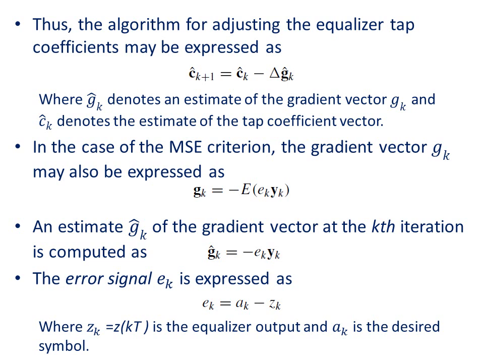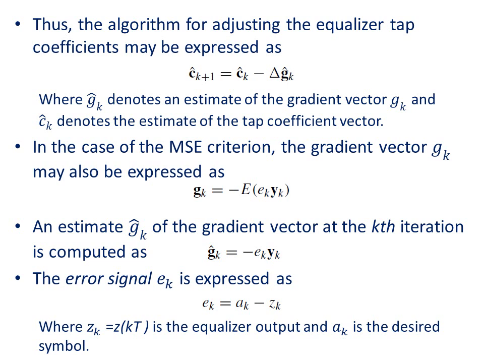An estimate G_k hat of the gradient vector at the kth iteration is computed as G_k hat is equal to minus E_k into Y_k, where E_k denotes the difference between the desired output from the equalizer at the kth time instant and the actual output Z of kT, and Y_k denotes the column vector of 2N plus 1 received signal values contained in the equalizer at time instant k.